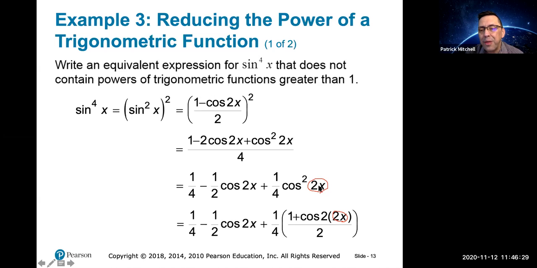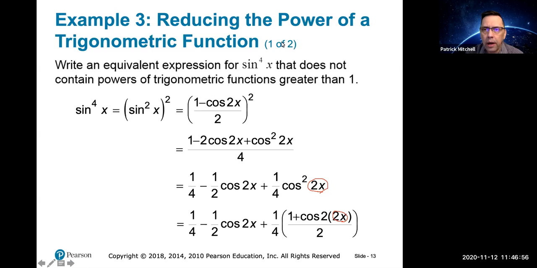We're replacing the theta with 2x. So when you apply your power reducing formula to cosine squared 2x, you get 1 plus the cosine of 2 times 2x all over 2. Remember, the formula was cosine squared theta equals 1 plus cosine 2 theta over 2.